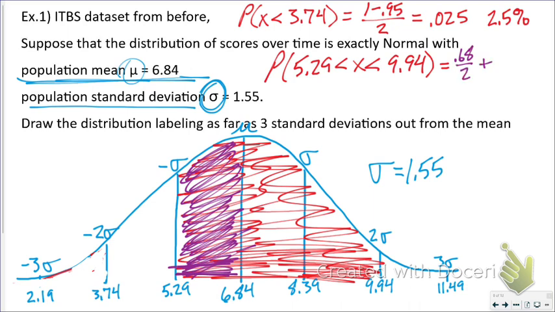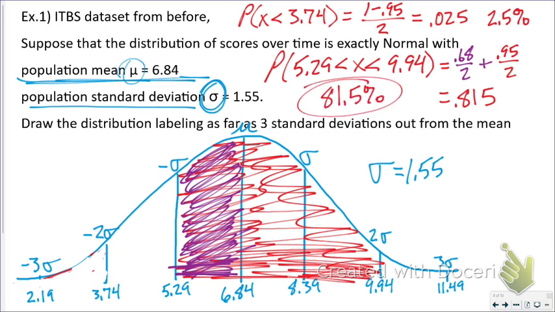The red is referring to 2 standard deviations, so chop 95 in half, and we get 81.5%. All right, this is going to get really messy up here. So I think the rest are actually very doable. They're not as complicated as that one.